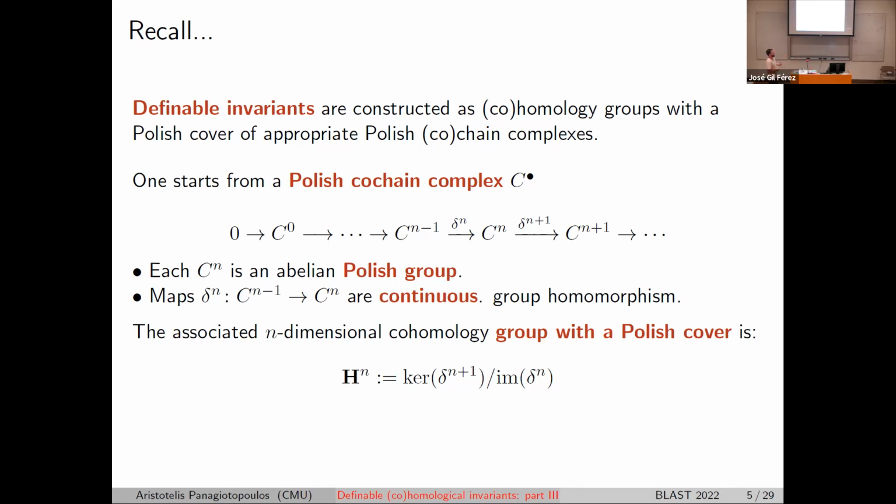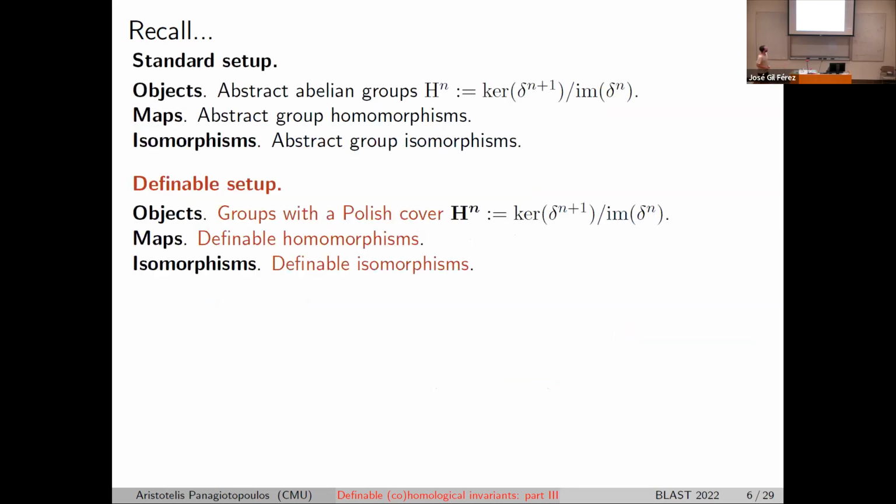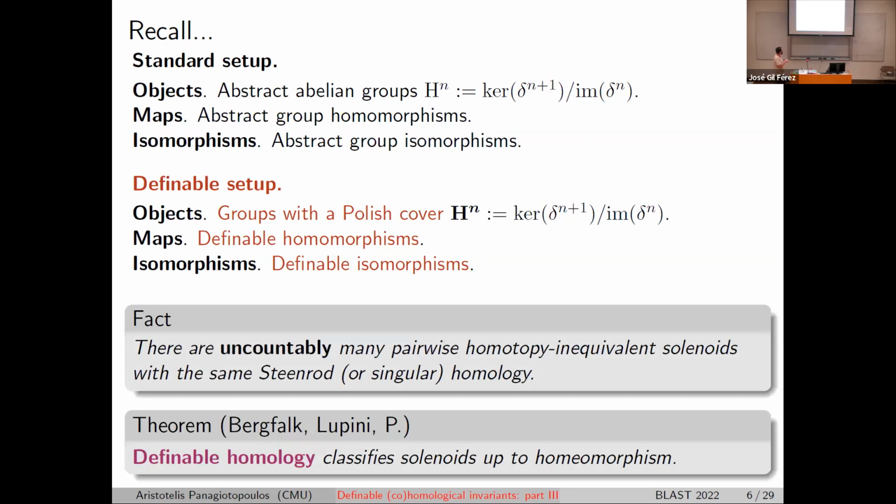In particular, the maps are definable homomorphisms in this category, right? So we move from the category of abstract abelian groups with abstract homomorphisms to the category of groups with Polish cover and definable homomorphisms.